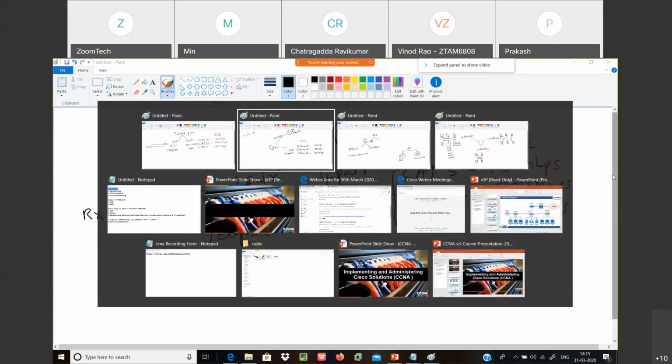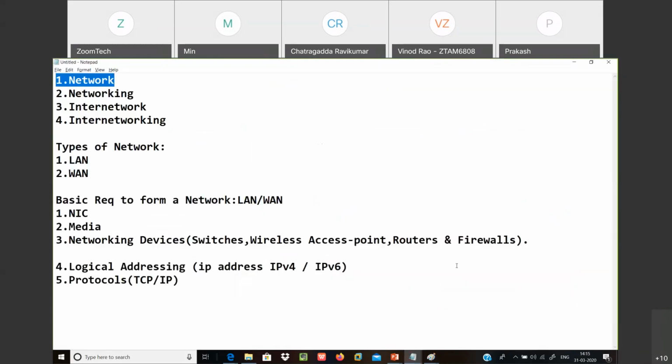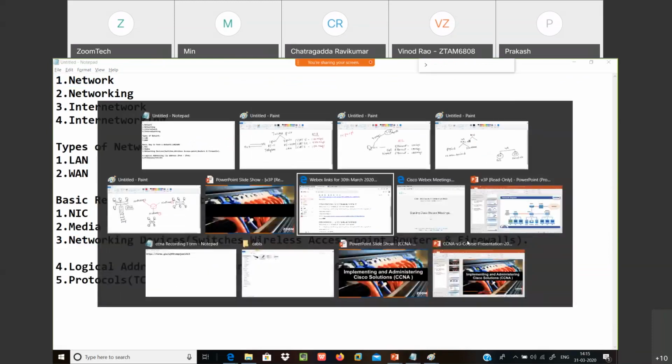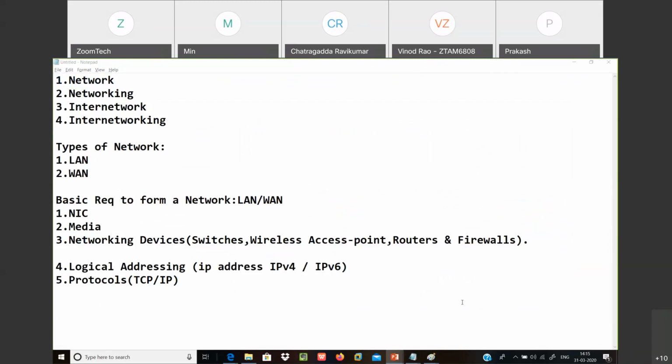The next point we clearly discussed is networking devices. Networking devices are switches, wireless access points, routers, and firewalls. Let me show one network diagram based on this topology.